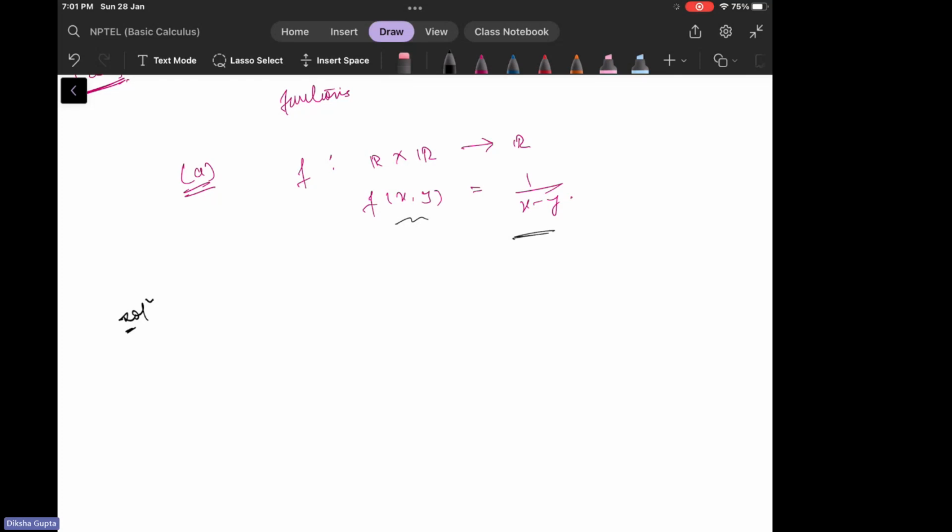For this function to make sense, it will make sense for every x and y in R2 except when x minus y is 0, because it is in the denominator. So clearly the domain of f is (x, y) belonging to R2 such that x is not equal to y.